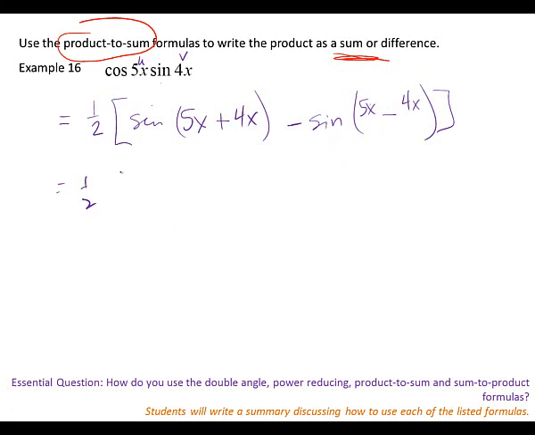These are easier, I think. What's 5x plus 4x? 9x. So sine of 9x minus sine of what? 4x. Done. That's what they're looking for us to do, to just convert it. Okay? Oh, we can get a negative on the inside. It's on this one. All right, we good with 16?